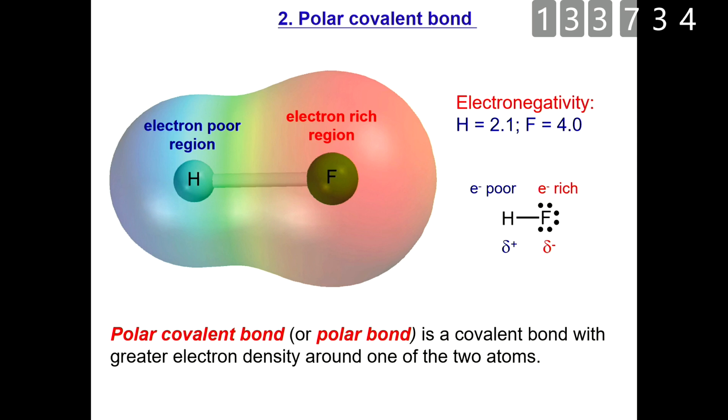So, for example, electronegativity, fluorine is 4, and the hydrogen is only 2.1. 2.1, okay? So this means the ability of fluorine is much stronger than the hydrogen to attract electrons. Okay.